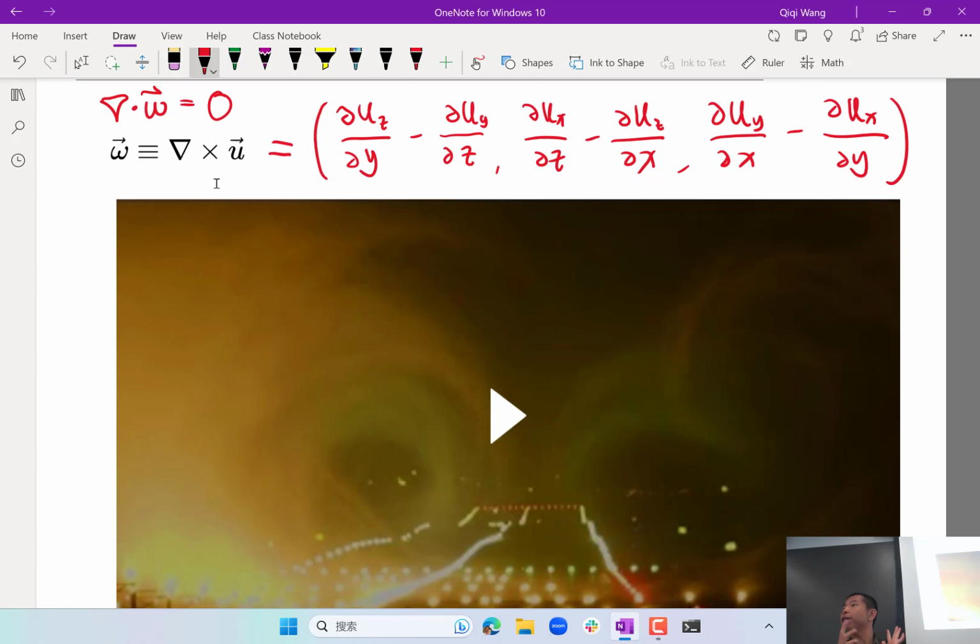What is the physical consequence of that? The physical consequence is that there is no end to vorticity in the flow field.